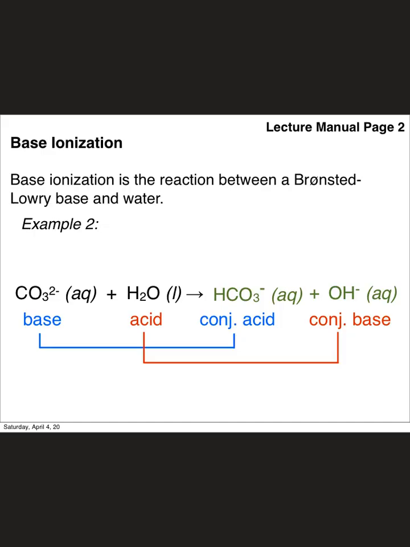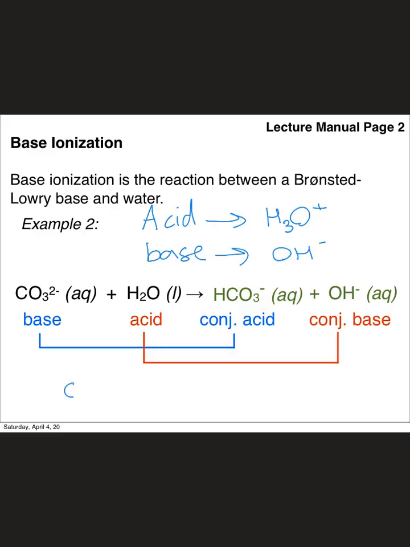When you consider both example 1 and 2, you can make a general summary that an acid would eventually give off hydronium ions in water, and a base would give off hydroxide ion in water. And conjugate acid-base pair will differ by just one proton.